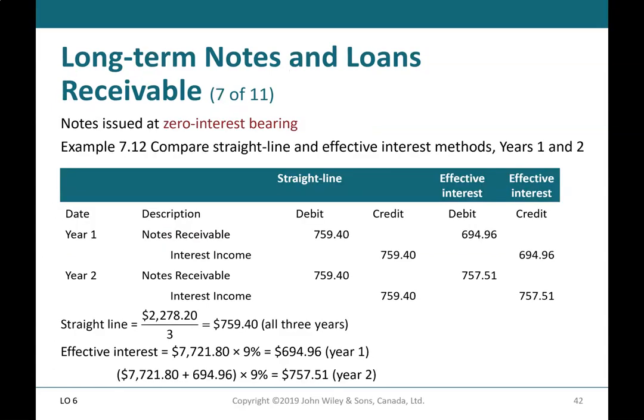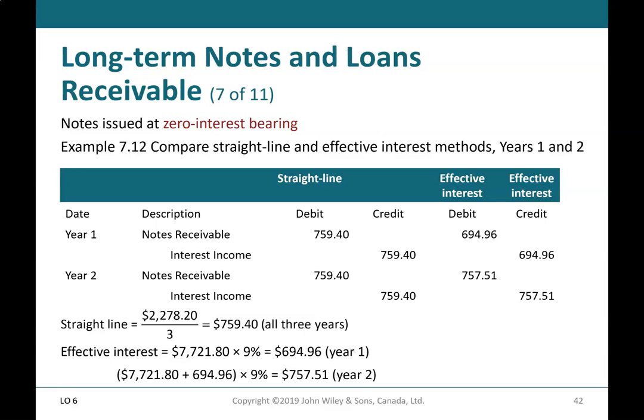Long-term notes and loans receivable. Notes issued at 0 interest bearing. Example 7.12. Compare straight line and effective interest rate methods, years 1 and 2. If you decide to record the interest using the straight line method, it's the same as straight line depreciation. Year 1, you would debit notes receivable for $759.4 and credit interest income for $759.4. If we use the effective interest rate method, you have to use the present value.